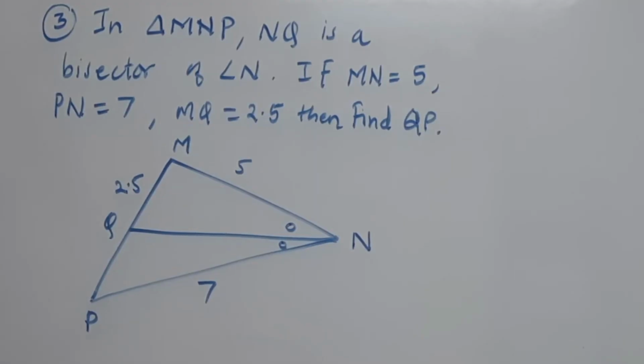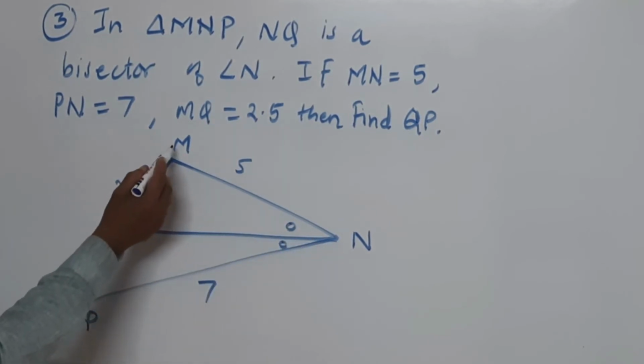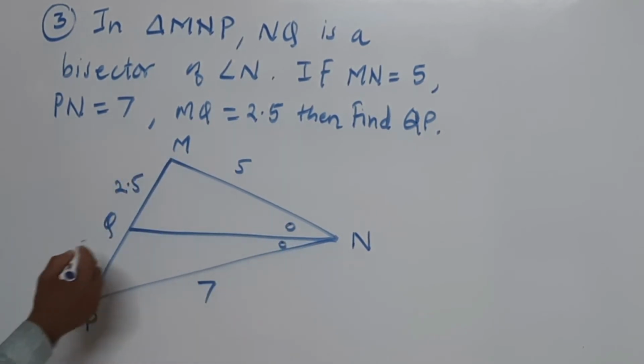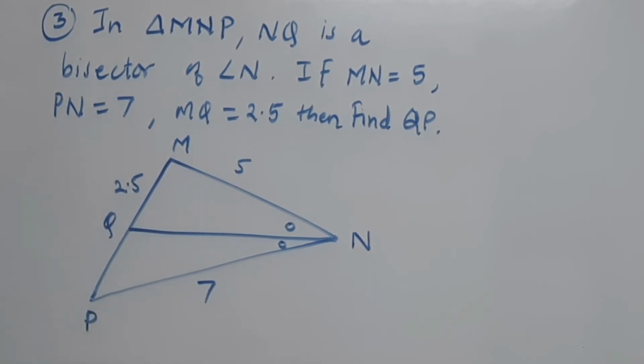Third example: in triangle MNP, NQ is the bisector of angle N. If MN is equal to 5, PN is equal to 7, NQ is equal to 2.5, you have to find QP.